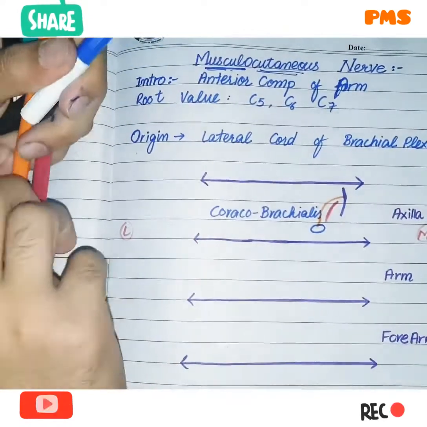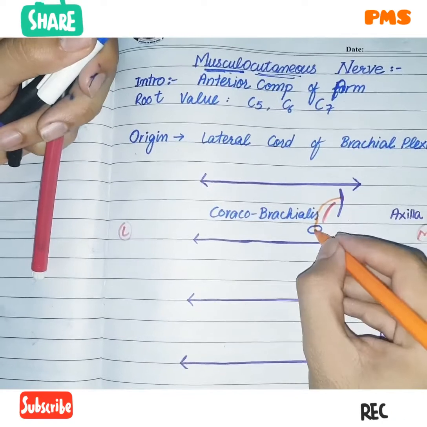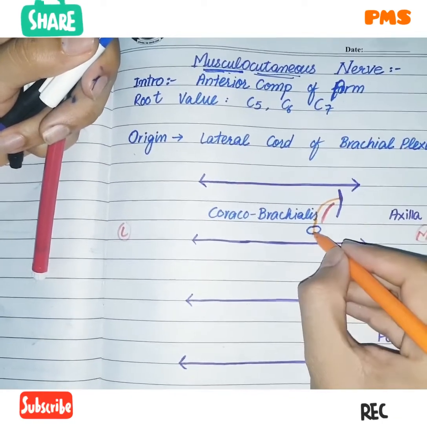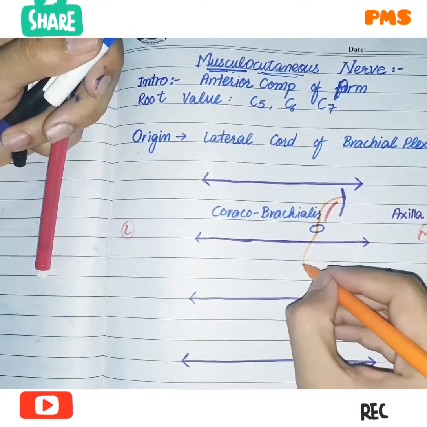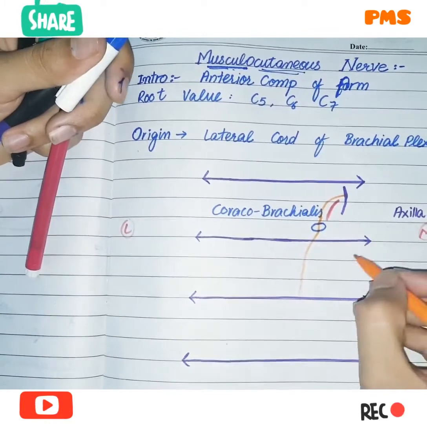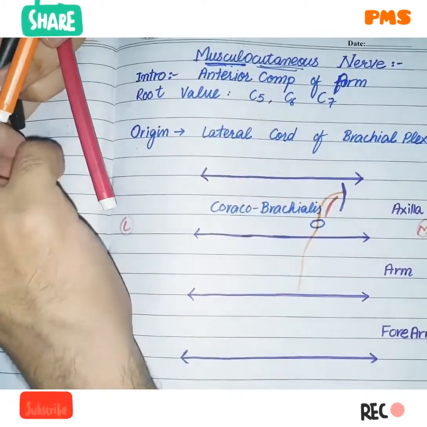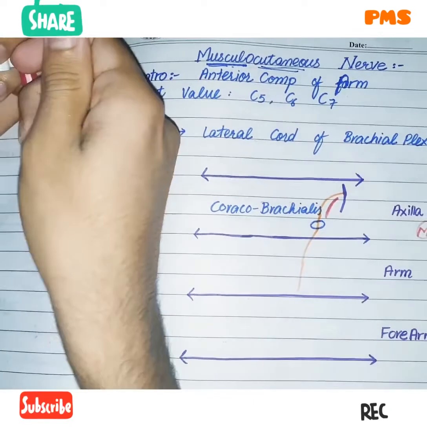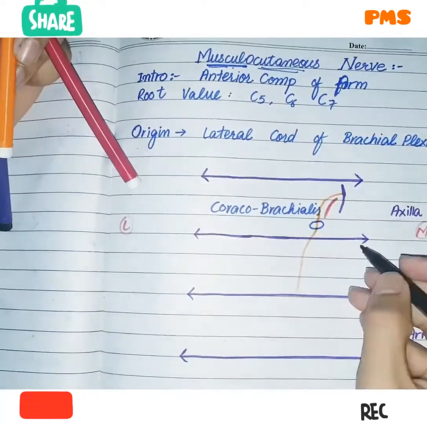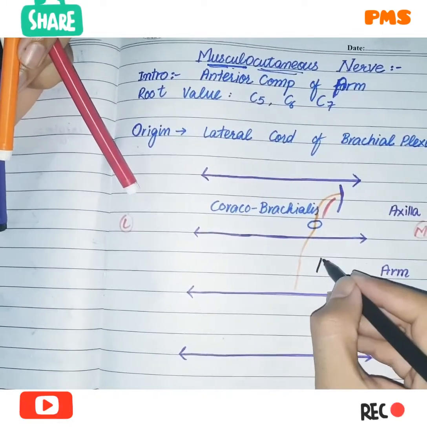Then the nerve descends in the anterior compartment of the arm, and here it lies between two muscles. The one muscle is the brachialis muscle and the second muscle is biceps brachii.